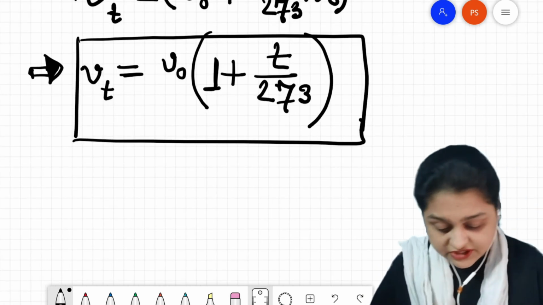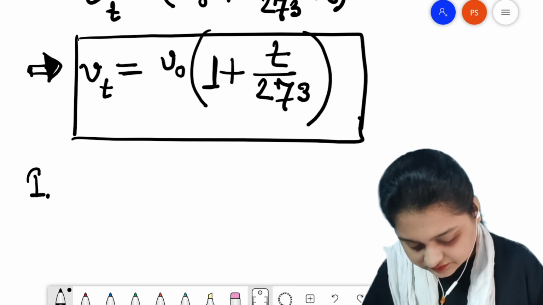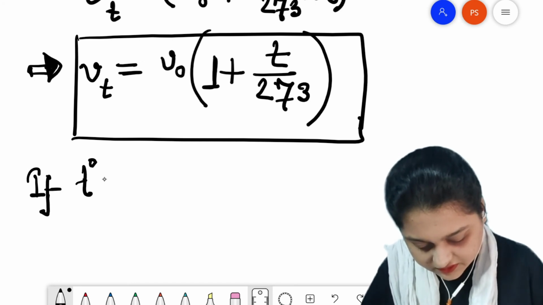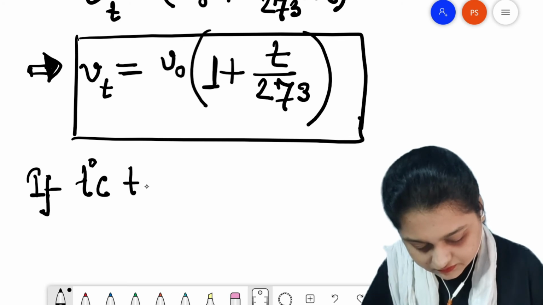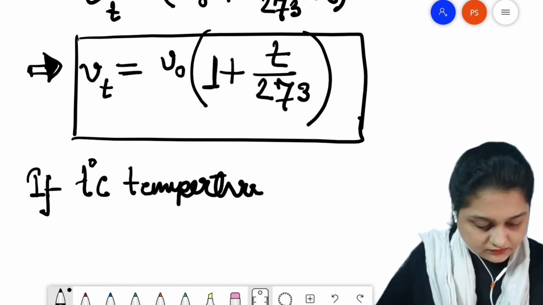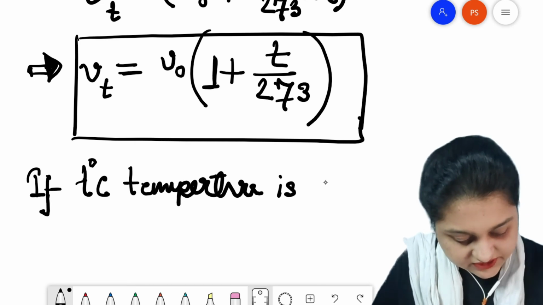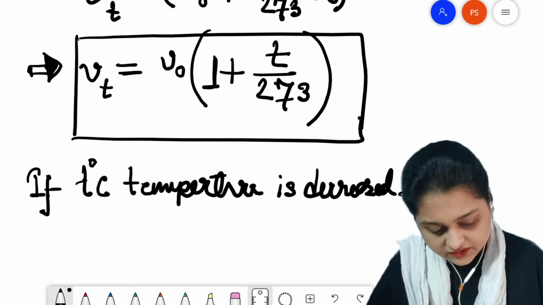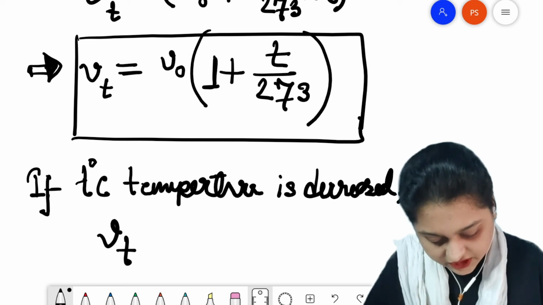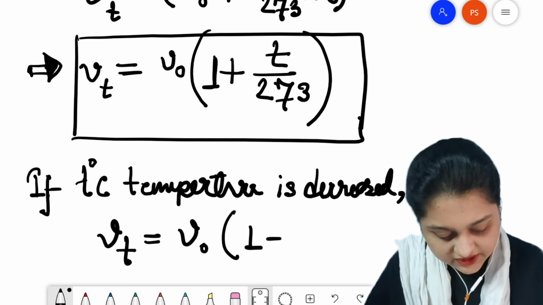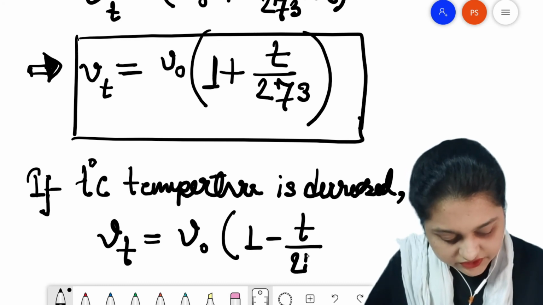If T degree Celsius temperature is decreased, then the expression will be Vt equals V naught whole into 1 minus T by 273.